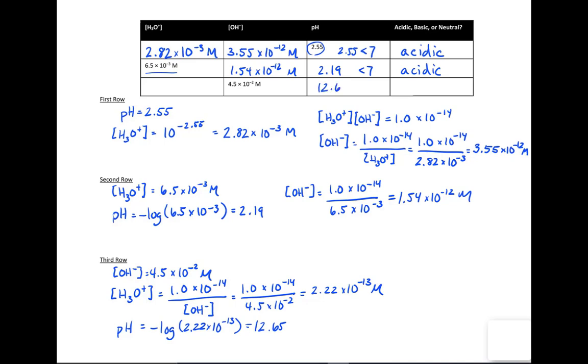We fill those values into the table. Here we see that 12.65 is much larger than 7, indicating that the solution is basic.